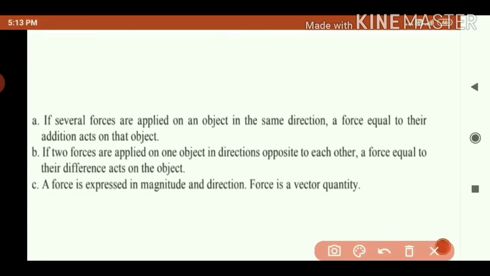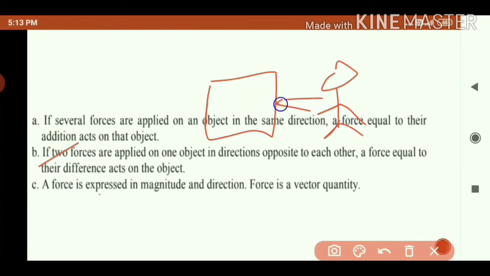Now the second one: if two forces are applied on one object in directions opposite to each other, suppose again one box, one person standing here trying to pull this box towards himself, and one person standing here also trying to pull the box but in the opposite direction.